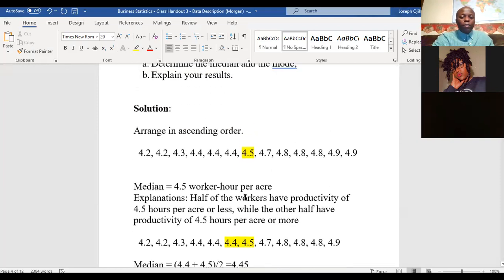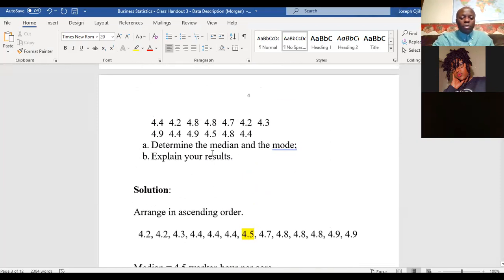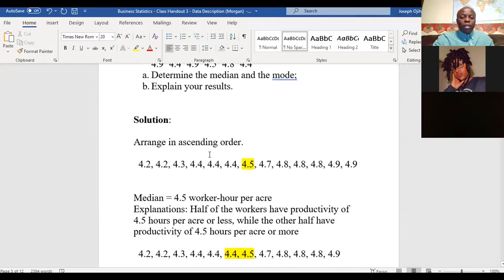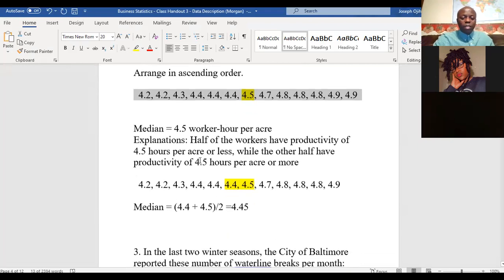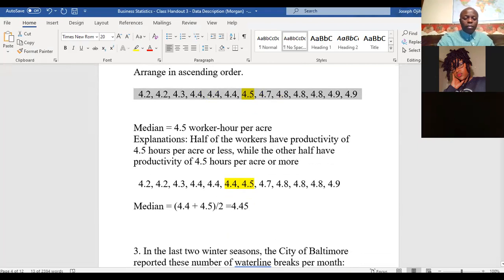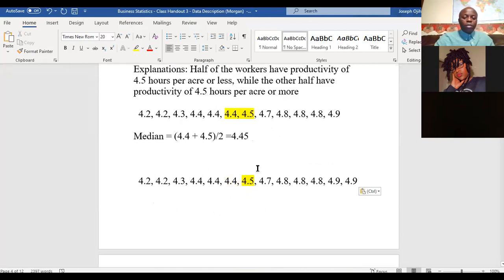Very good. Now, because the question says determine the median and the mode, for this example, remember, it is already arranged in order. The mode, per our explanation, is the number that has the highest frequency. So we have 4.4, which occurred most often here.